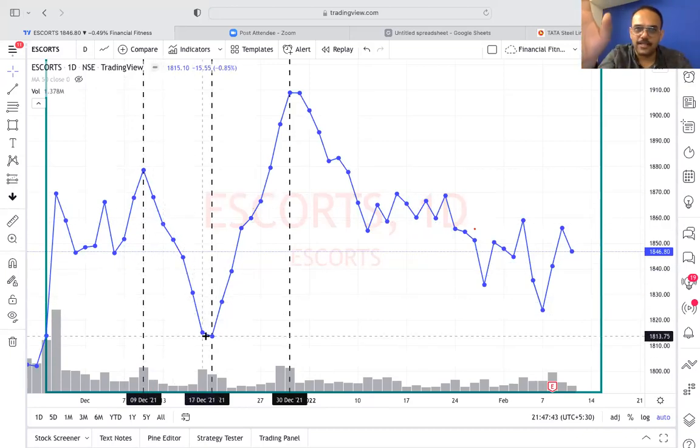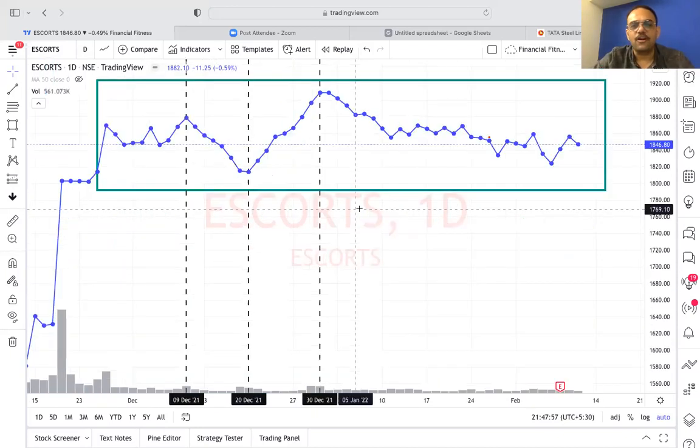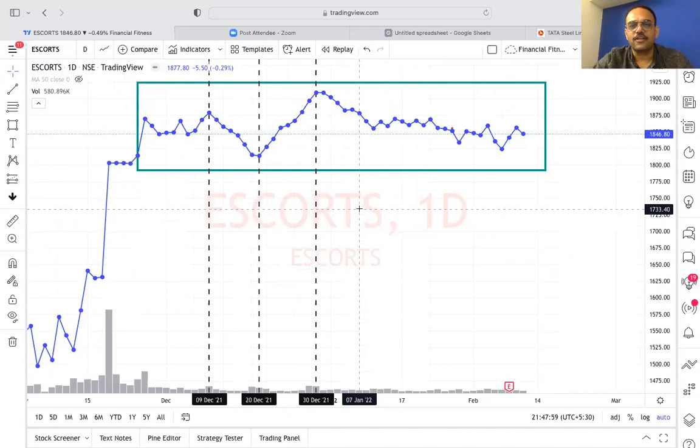Then it's an accumulation phase. If the volumes when the price is coming down are relatively more than when it is going up, then it is a distribution phase.